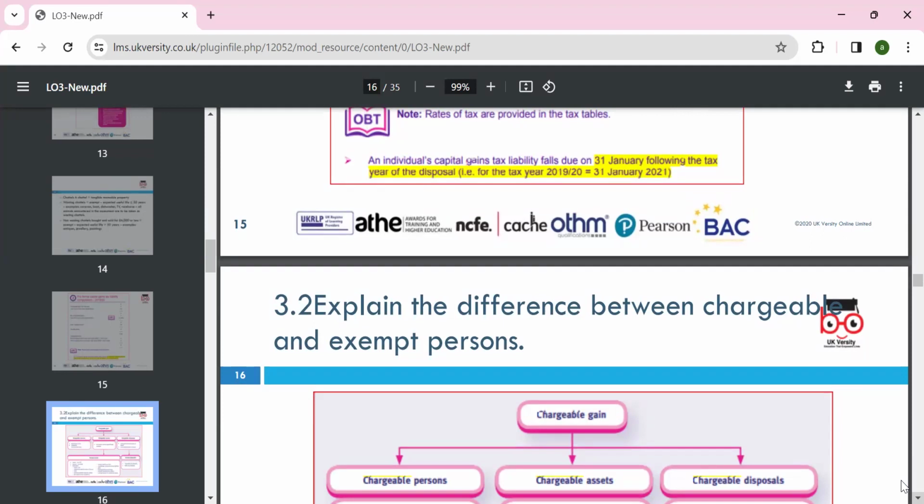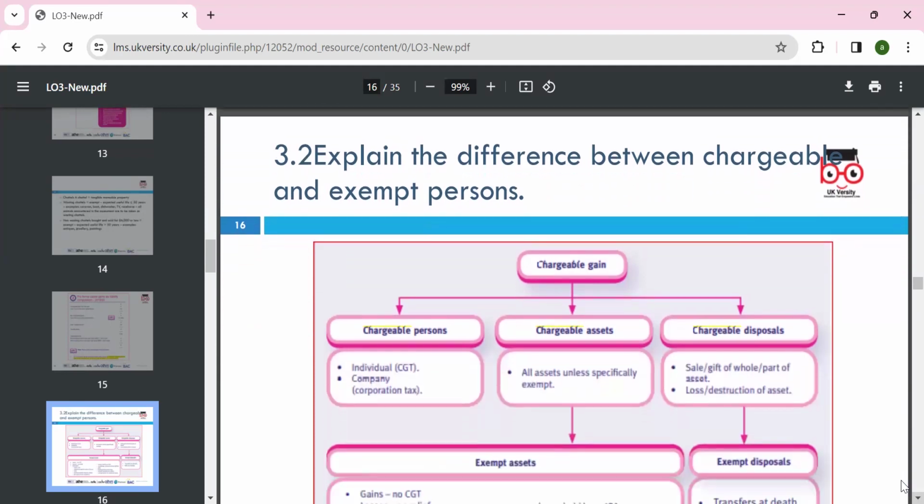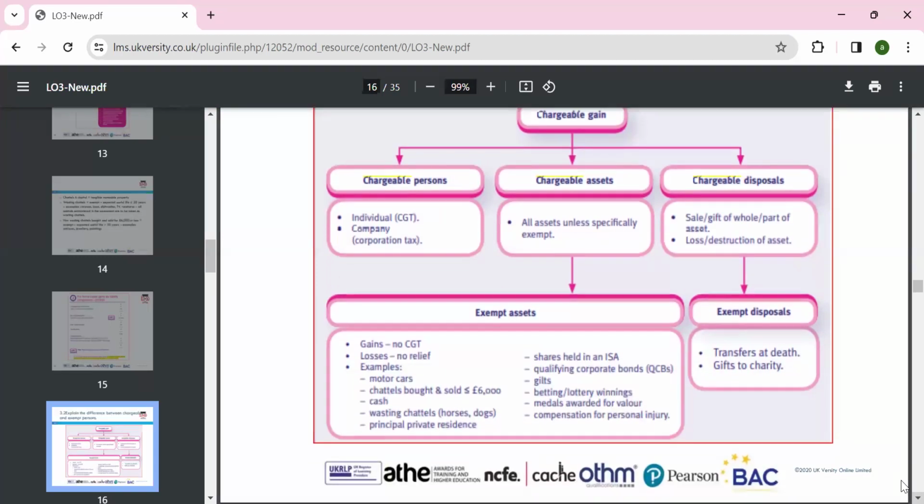Then we look at 3.2, explaining the difference between chargeable and exempt. Chargeable persons are individuals and companies; chargeable assets are all assets unless specified exempt. Sales and gifts of the whole or part are chargeable on disposal of the asset, so we can apportion according to the formula.